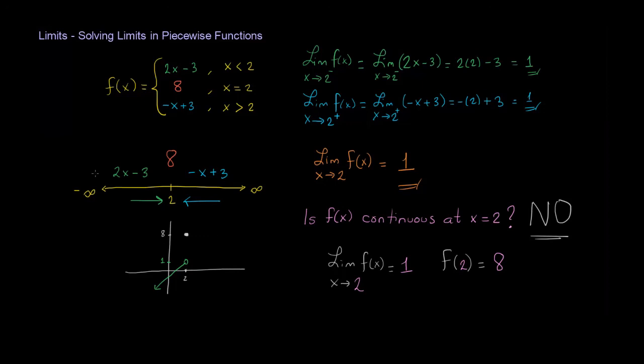Now, the other line, negative x plus 3, starts out from here and continues something like this. Oh no, this is a negative, so it should be going like this. This would be the negative x plus 3, and the other one would be our 2 times x minus 3.